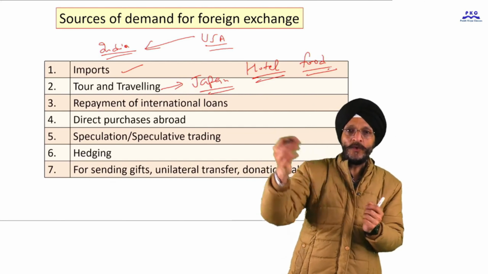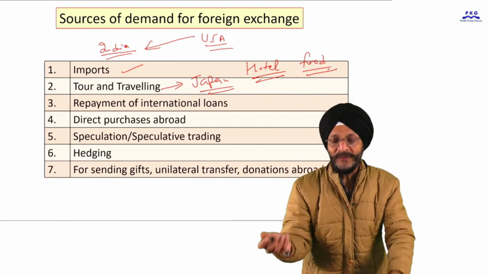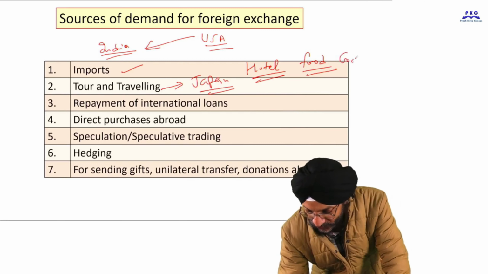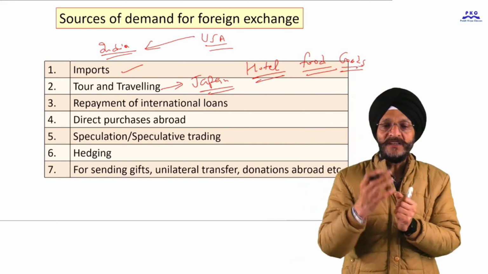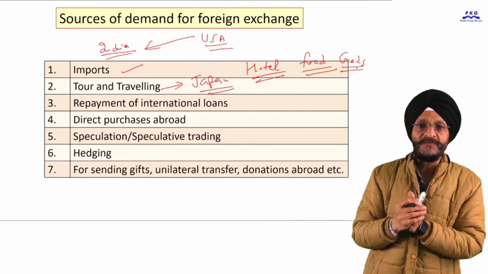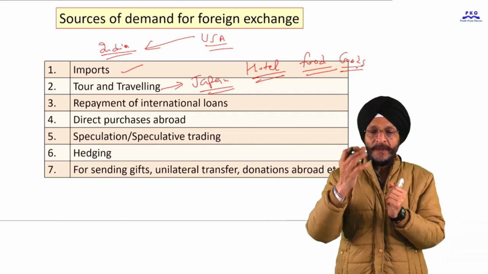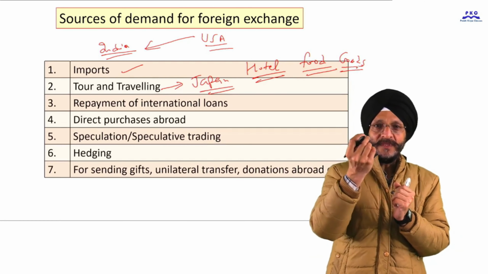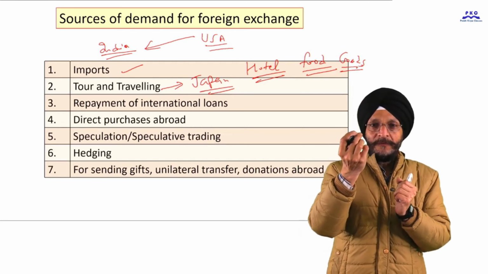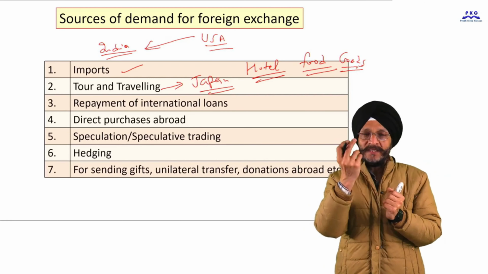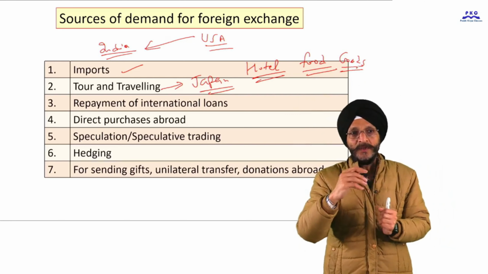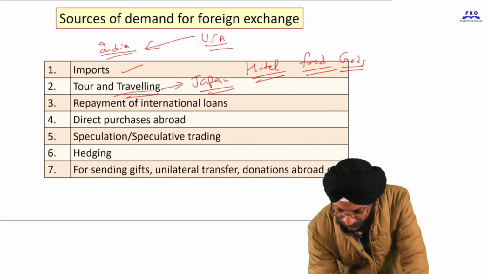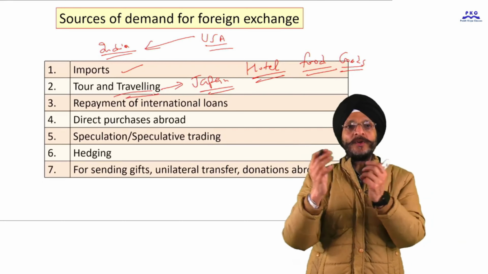When we have gone to some other country, then we will certainly purchase certain goods from that country, which Japan is famous for, or which may have value for us, or as a reminder that we have visited a certain country. So for tour and traveling, we also require foreign exchange.